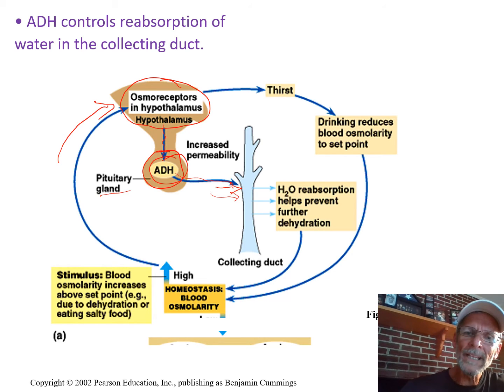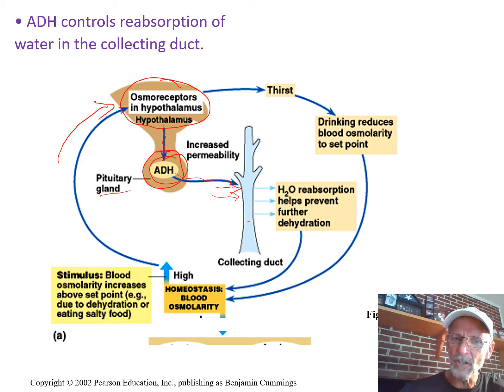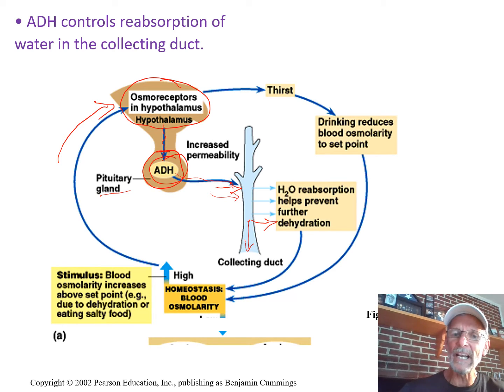And when they hit these cells in the collecting duct, they cause them to be more permeable to water. So that helps water get out of the collecting duct, which is on its way out, and back into your body. And again, we emphasize that this is the last chance where this filtrate goes through a tube whose walls are thin enough for stuff to get in and out.